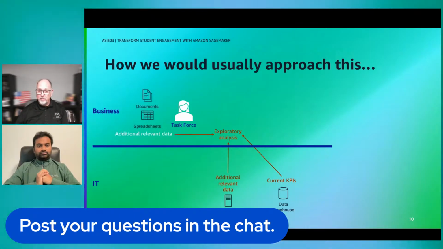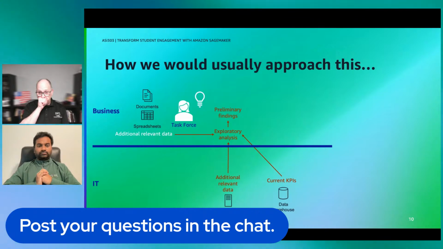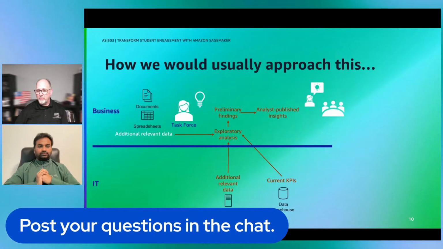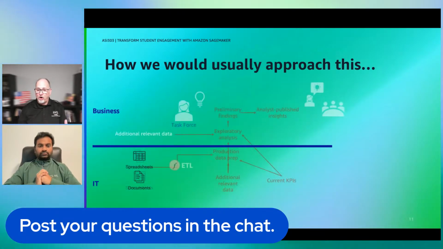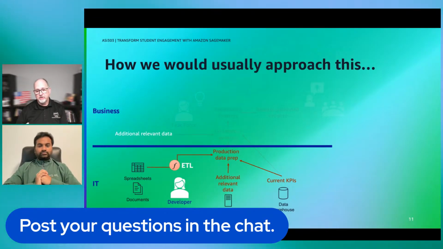But so would other information the task force would gather for themselves, things like survey results and other findings that they have. Out of all of that information, they would seek to produce some preliminary findings of what they think the causes are. And they would bring that information across to leaders and other stakeholders in the institution to share out their findings. If what they think could solve the problem is accepted, then begins the process of converting their activity into more of a production solution.